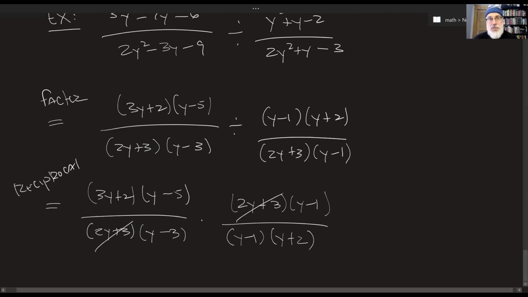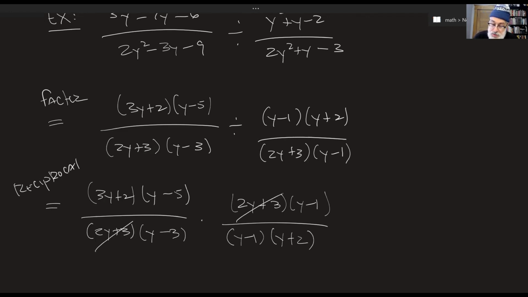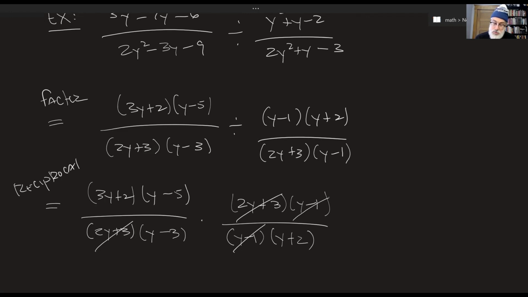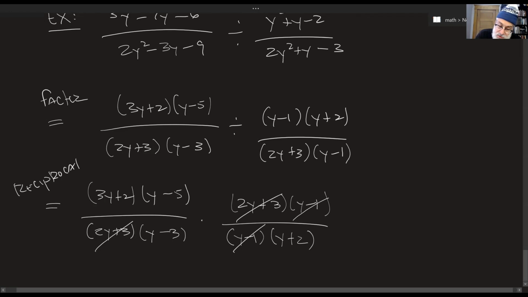So now I can cancel. I can cancel across numerators and denominators. What else we got? Y squared. Well, this is a 3. Why did I write it as a 5? My fault. So those cancel. Those all become 1s.